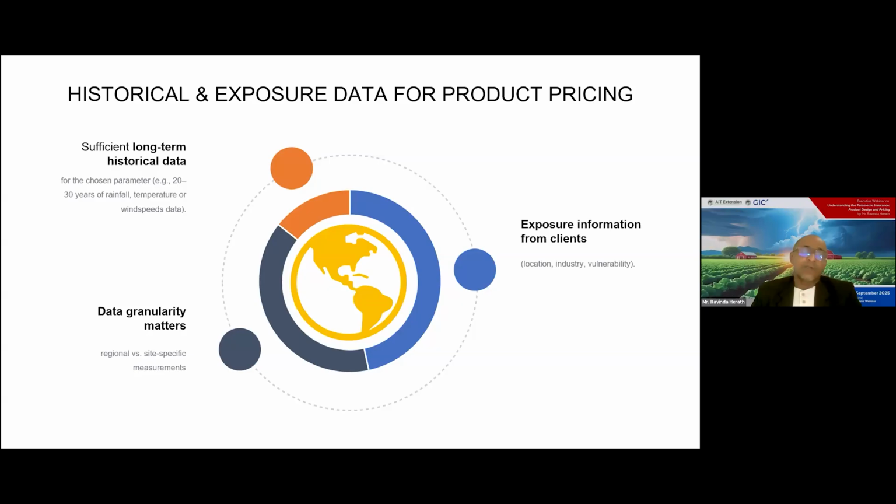Data granularity also matters, because some customers are looking for granularity. If you are using indexes for a large region, it may not represent the whole region, but only small areas.